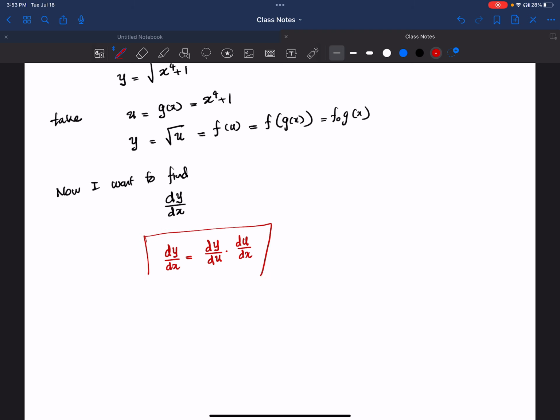So that's it. This is what we call the chain rule. So here y equals f of u and u equals g of x are differentiable functions.